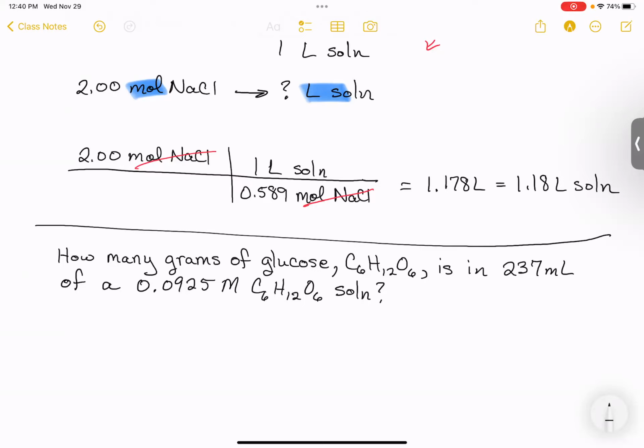Two divided by 0.589. Oh, what in the heck did I do? Oh, I see what I did. I'm sorry, that came out to be 3.40 liters of solution.